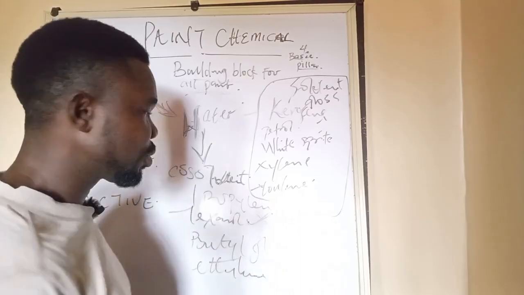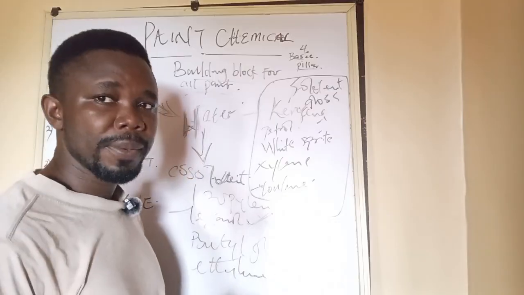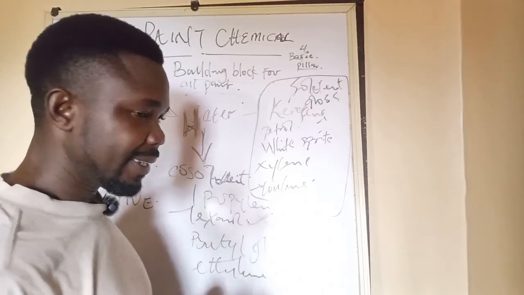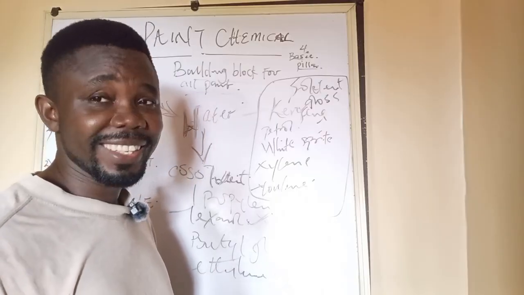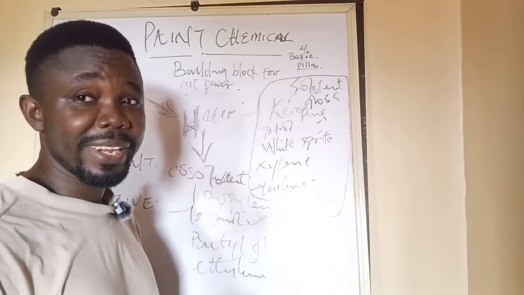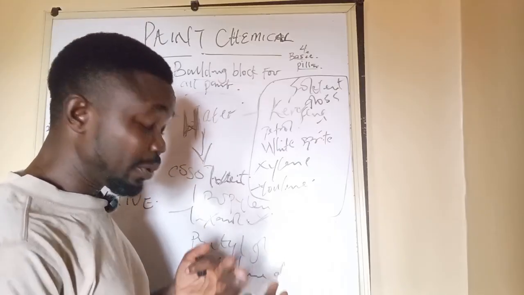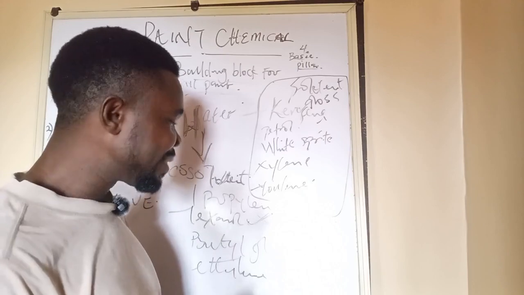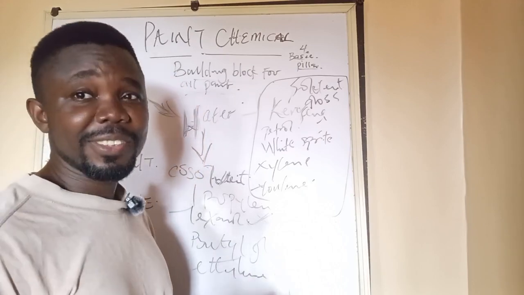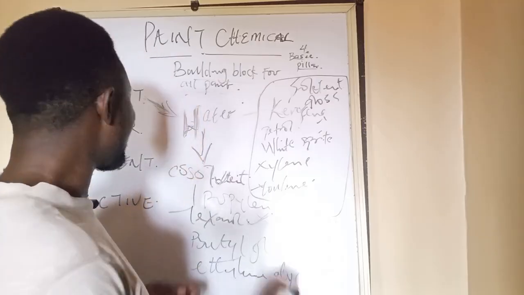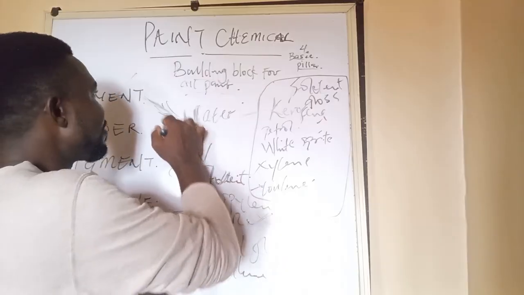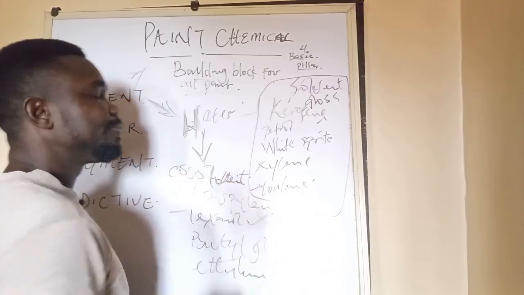They perform the function of keeping the paint in its molten state. In other words, they allow it to stay fluid, which is actually one of the characteristics of any solvent.